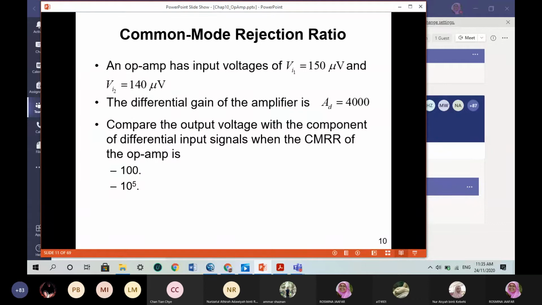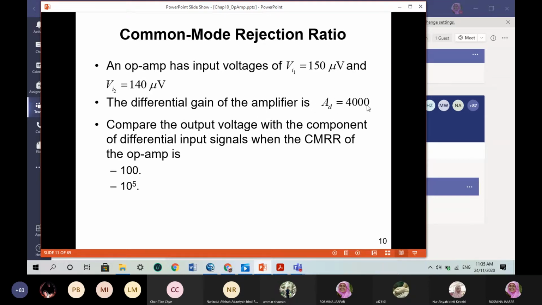Okay. The common mode rejection ratio example: an op-amp has input voltages of V1 equals 150 microvolts and V2 equals 140 microvolts. The differential voltage for this situation will be the difference between 150 and 140 microvolts, so the differential voltage will be 10 microvolts.